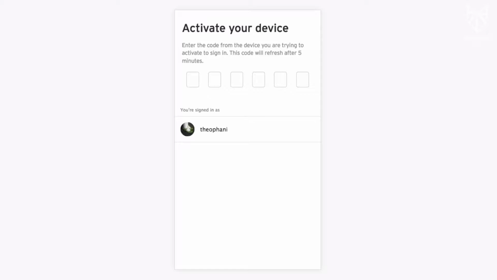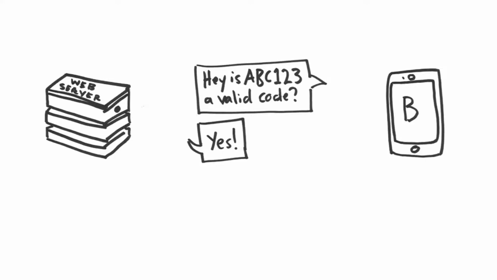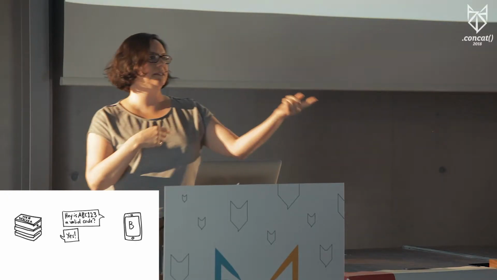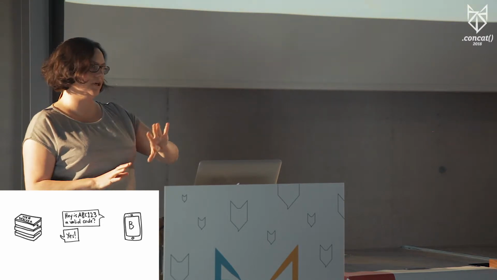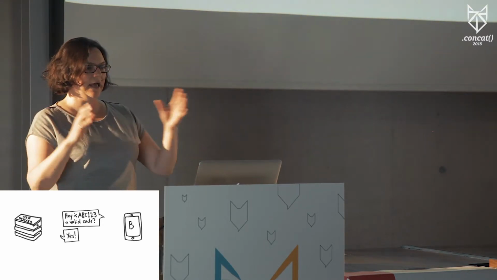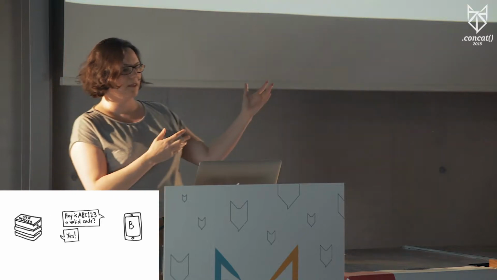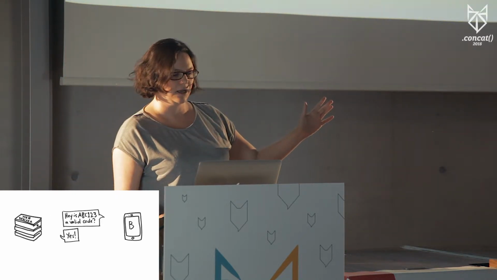They do that. And then when they do that, that device's app says, hey, is this code anything? Is this a real code? And the server's like, yes, that is a real code. And at that point in time, the person then confirms that they want to continue, for security reasons I'll go into. And they confirm that.